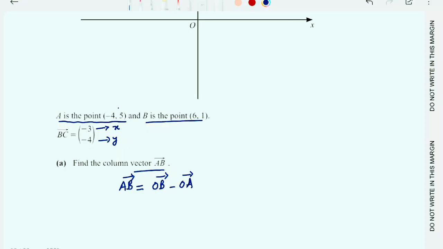As these are coordinates, we have to write these coordinates as position vectors, so it will be (6, 1) minus (-4, 5).